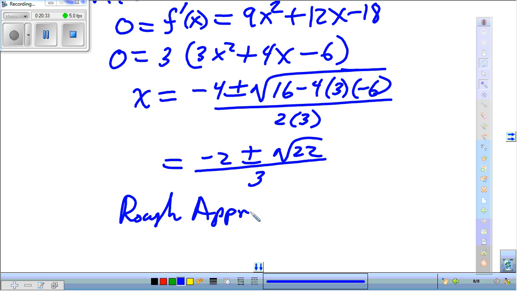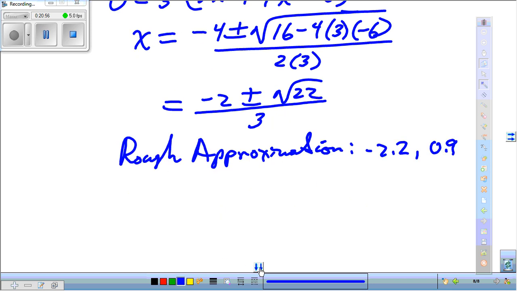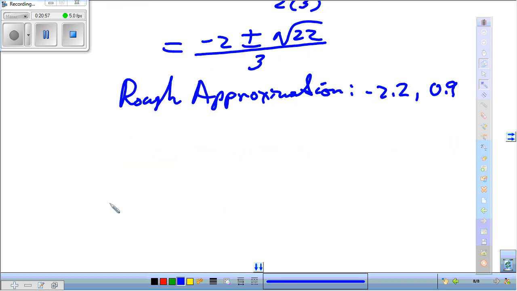Now, for some general purposes, not necessarily an exact answer, these two values are roughly approximated by minus 2.2 and 0.9. So this is enough to do what we're going to do next to get some test values.